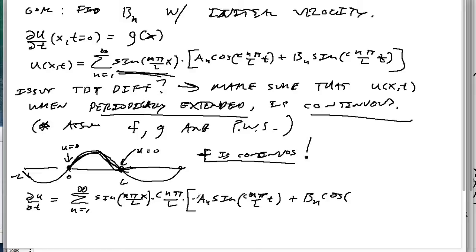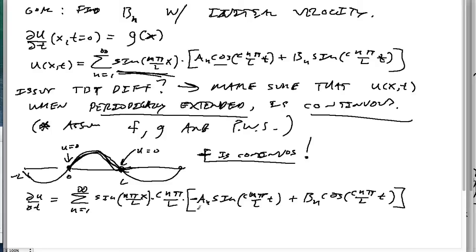So there'll be a negative sign there because we're taking the derivative of cosine, and that'll be c n pi over L times t. All right, so that looks good.